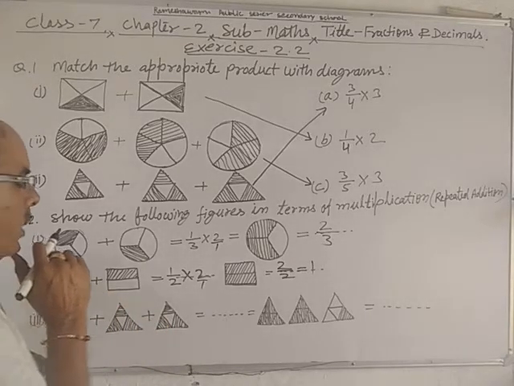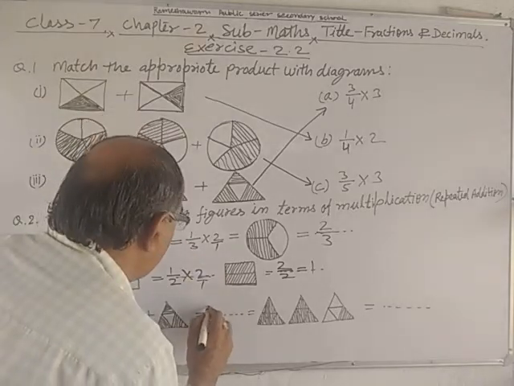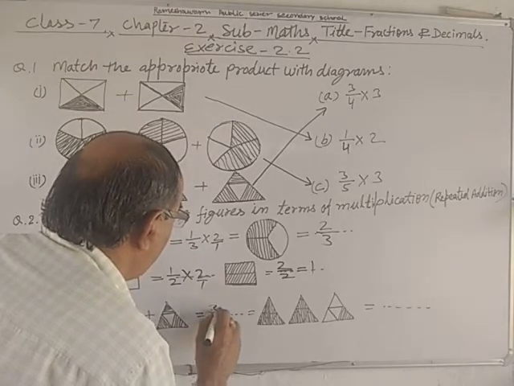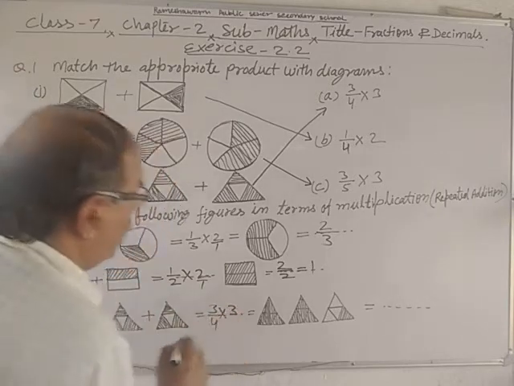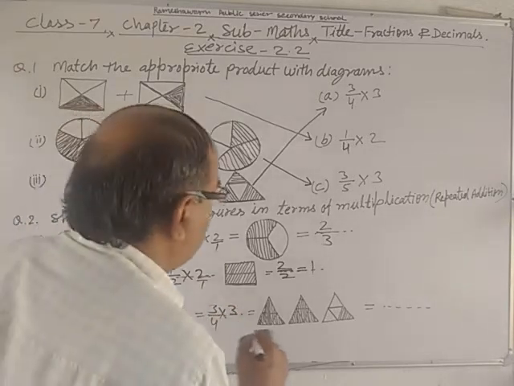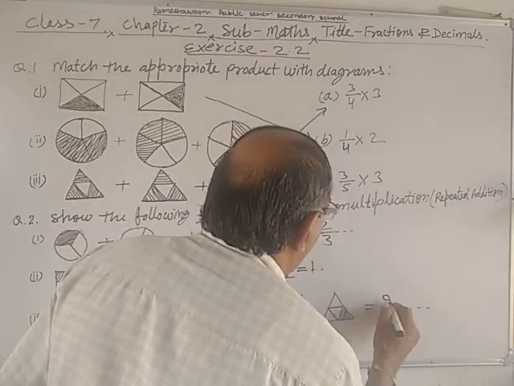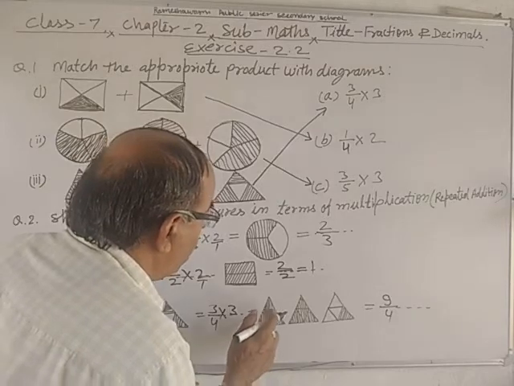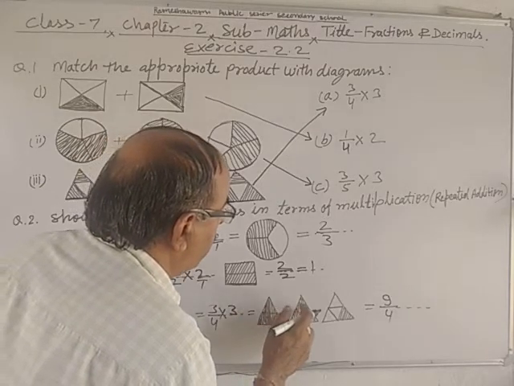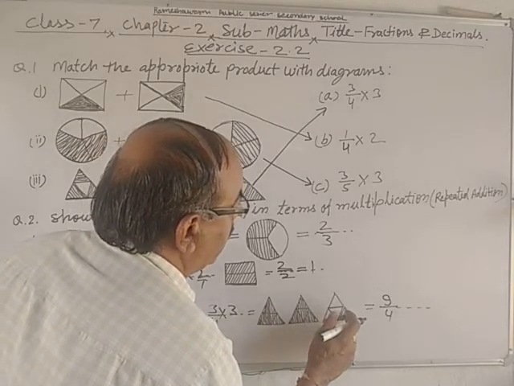The total: 3 by 4 into 1, 2, 3. 3 threes are 9 upon 4. 9 upon 4. 1, 2, 3, 4, 5, 6, 7, 8 and 9.